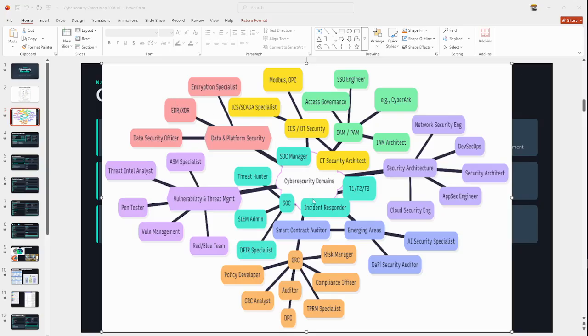As a SOC analyst, you will have an overall picture of most of the aspects. Not with respect to the domains, but you will have an overview of all the fields here. Where is forensic here? Let me see where forensic is.